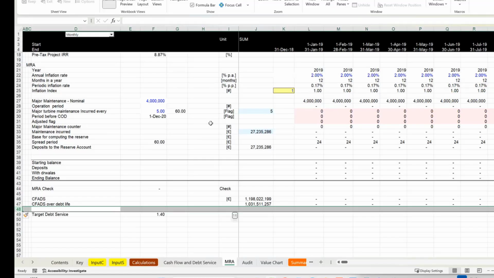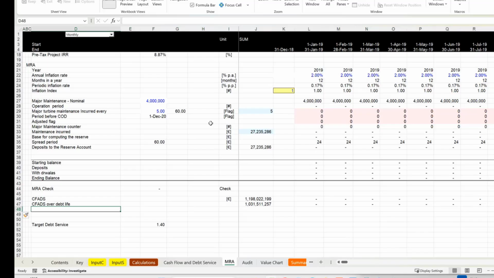Okay. And now we're going to put debt repayment period or debt service period. It's really every 6 months. Okay. And I get this wrong every time, but I have to count on my fingers when I do this.